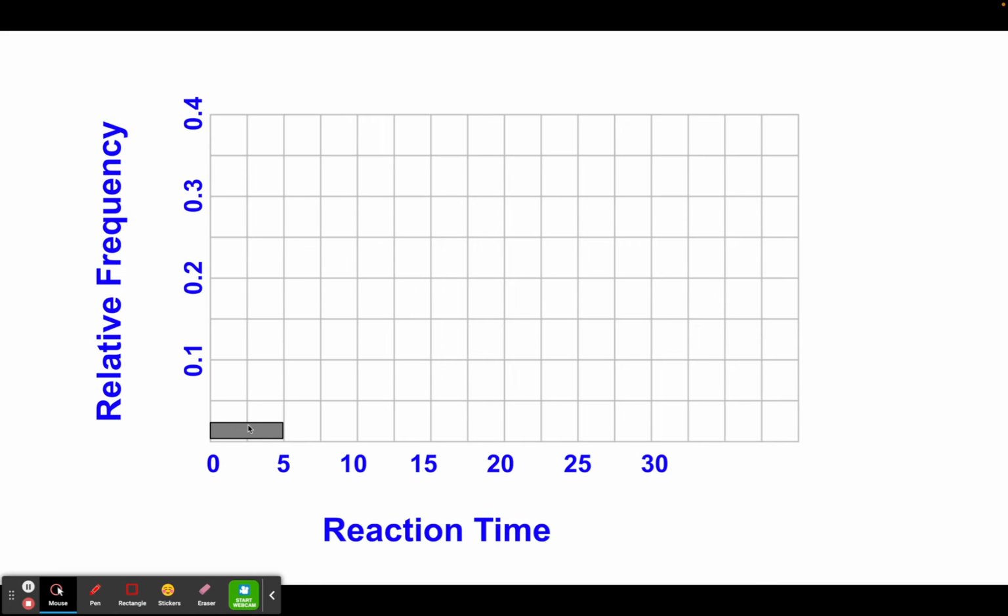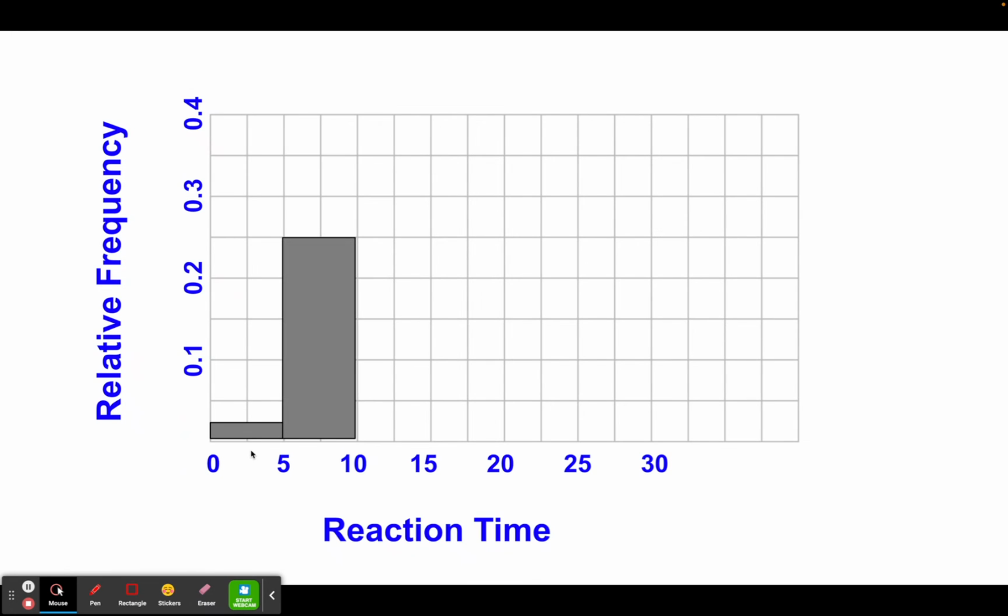Again, even though there's only one value in there and we know it's at 3, the bar represents the entire class. And that's one of the problems with histograms: when you look at this bar, we know that there's just a little bit of data in that range, but if we just have the histogram, we can't tell whether that data value is at 0 or at 1 or at 3 or 4.5. So we sort of lose that individual information about our data.